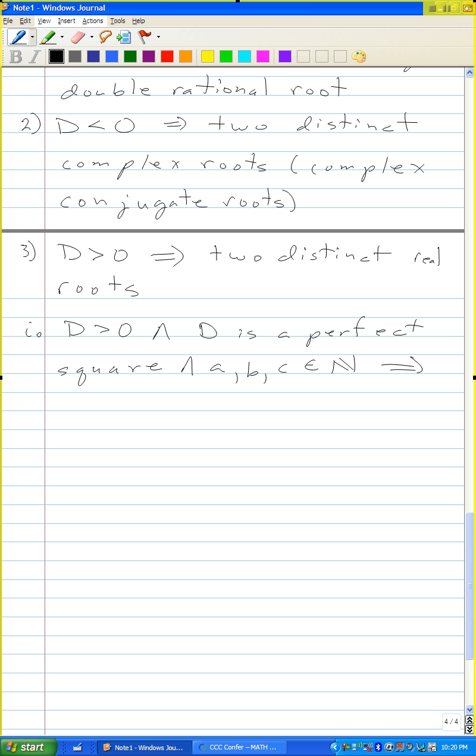Then, since I'm taking the square root of a perfect square, it will be some sort of natural number. And so I'll have two distinct rational roots.